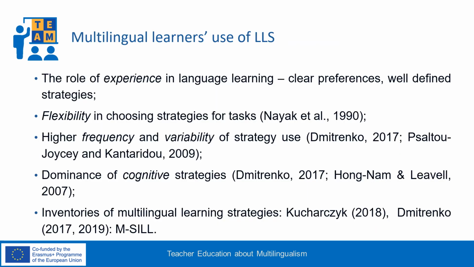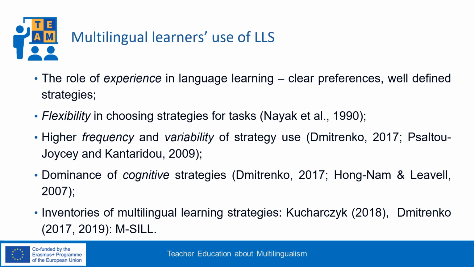In relation to what was said earlier about the interconnections of languages in one's mind and the specificity of multilingual learners, there are solid grounds for such learners' success in the learning of additional languages. One factor that may contribute to this success is the effective use of learning strategies. Such learners are more experienced in language learning. They have clear preferences, well-defined strategies, and are more likely to know what helps them learn.